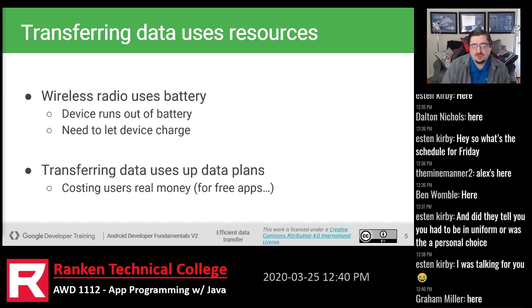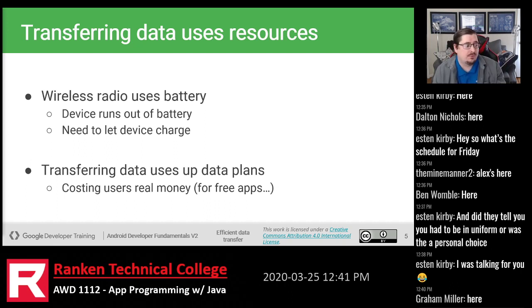Background activity can also be things like cleaning up the file structure, or maybe optimizing or compressing some data. There's a lot of things that you could be doing with files or processing work that might need to happen in the background. But the main thing we're going to focus on is connecting to the internet and retrieving resources from the internet. That's our main focus with the job scheduler.